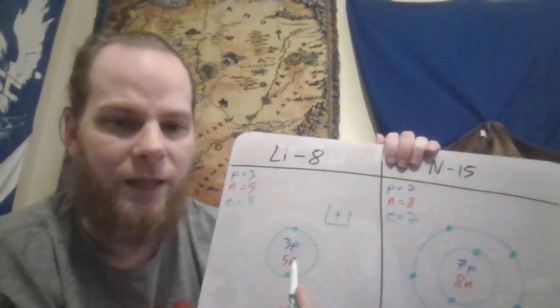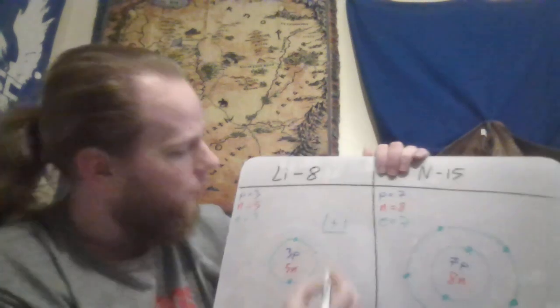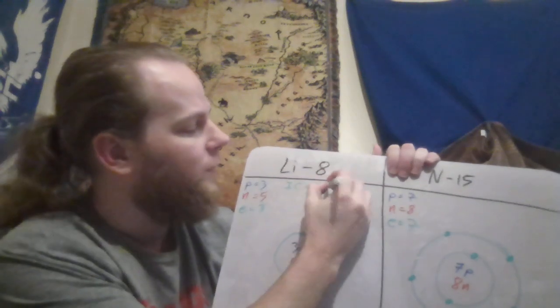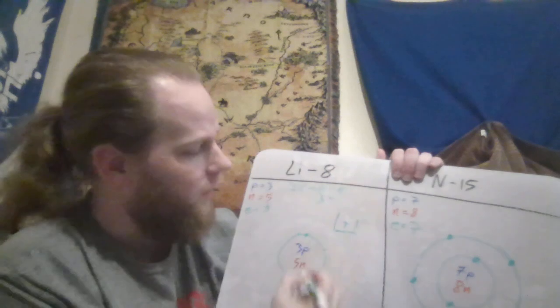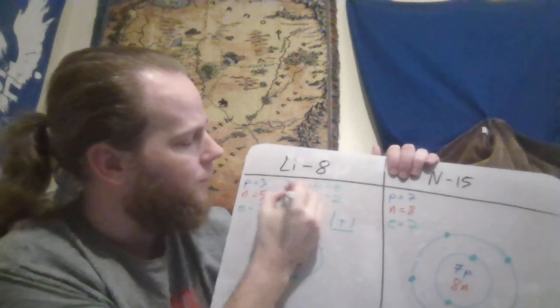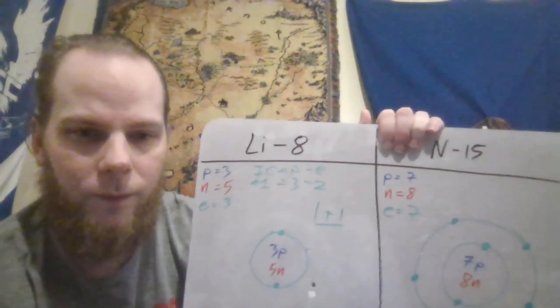We can look at the atom here and figure that out. We have 3 protons and 2 electrons. Well, the ionic charge is equal to protons minus electrons. So 3 minus 2 equals +1, not -1. Okay?